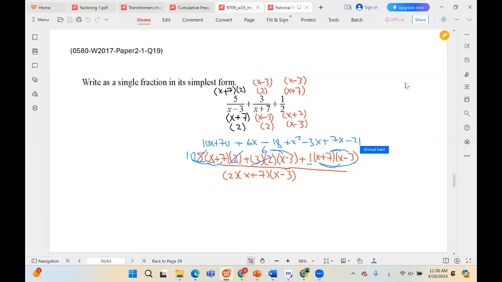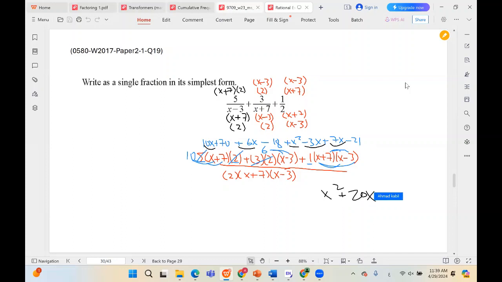Now we collect the like terms. So for the x power 2, there is only one term here, so we just write it down. For the x's, we have 10x plus 6x, so that's 16x, minus 3x, so 13x, plus 7x, so 20x. So we have 20x here.